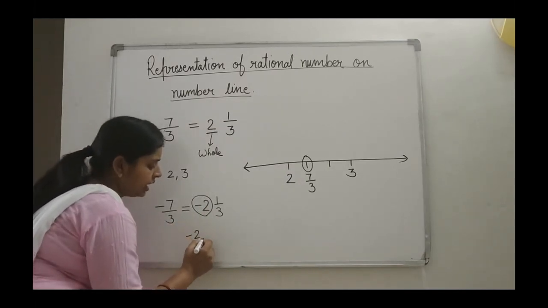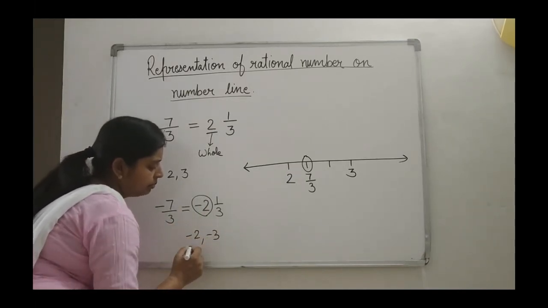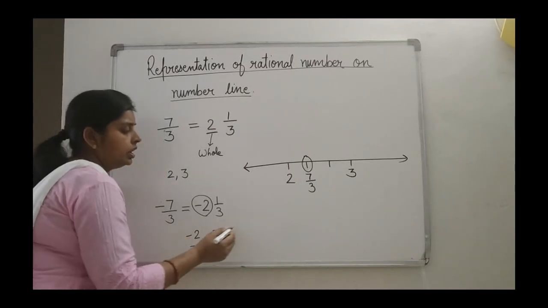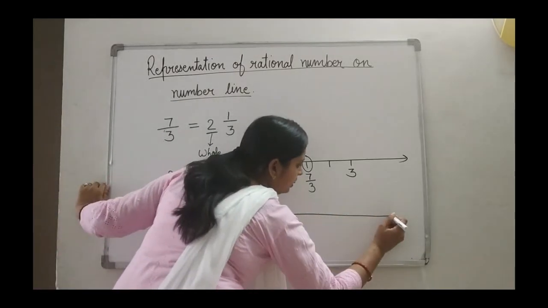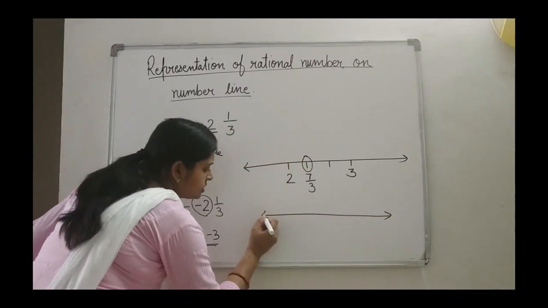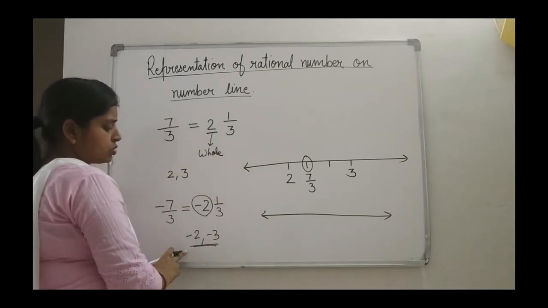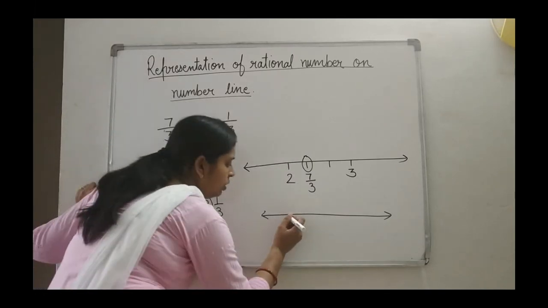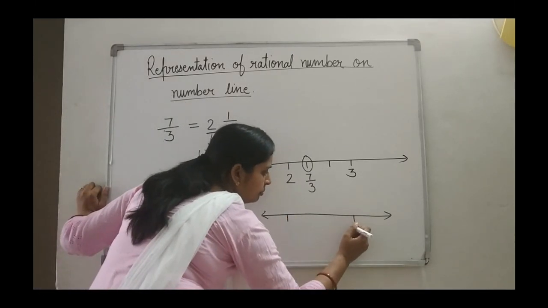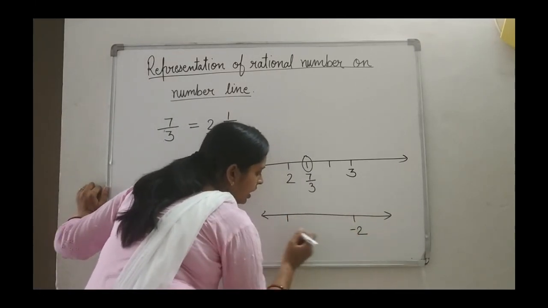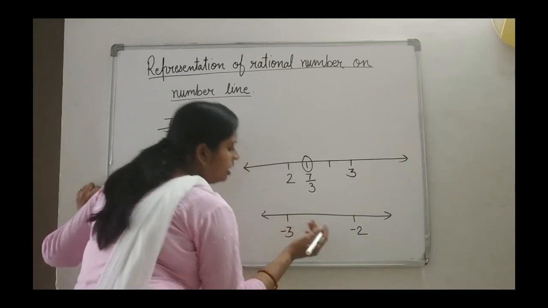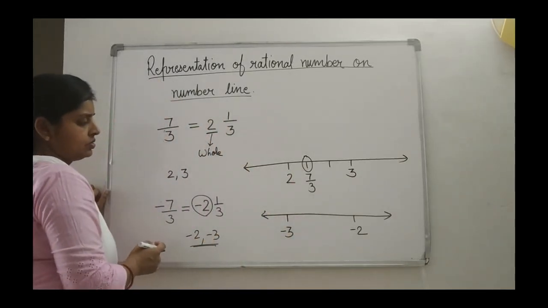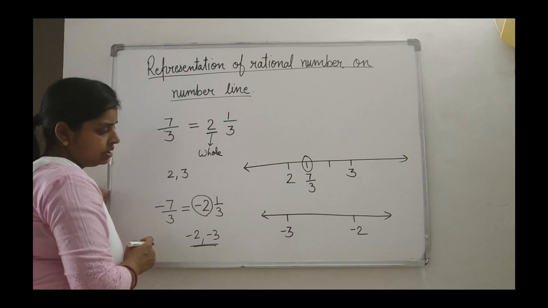So the number will lie between minus 2 and minus 3. When you draw the number line, you show minus 2 and minus 3, since the number lies between them. Minus 2 will lie here and minus 3 will be on the left-hand side of minus 2, because it is a negative integer.